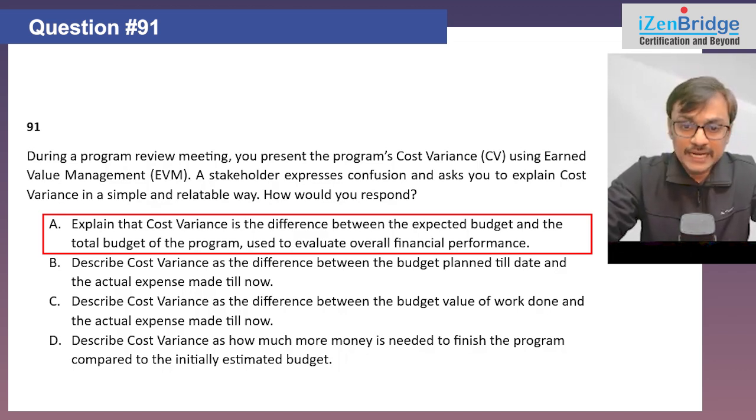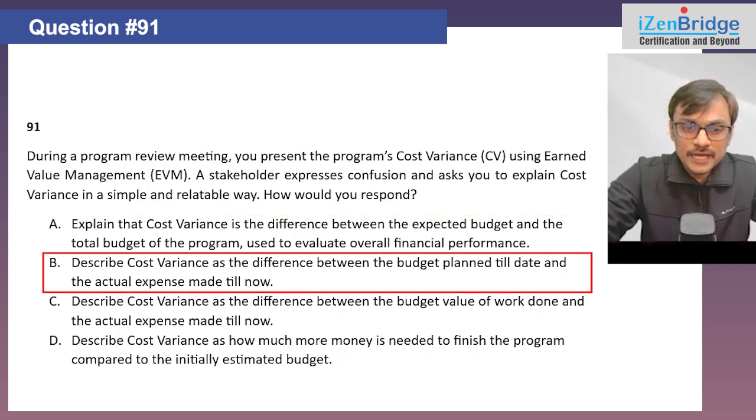That kind of word may be suitable here. Though it is not primarily talking about baselines, it is using the word budget generically, but anyway, it is not something which represents the cost variance. The cost variance is equal to the earned value minus actual cost, EV minus AC. So we need to find out which of the following statements can present EV minus AC with ease.